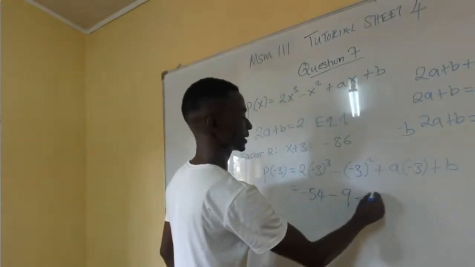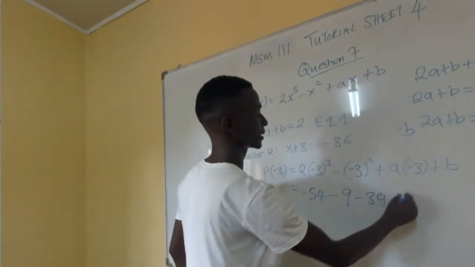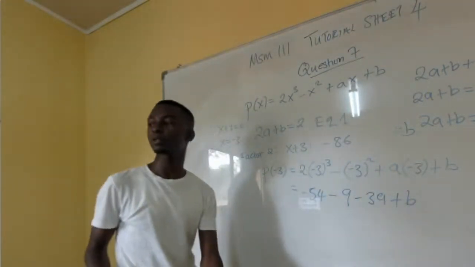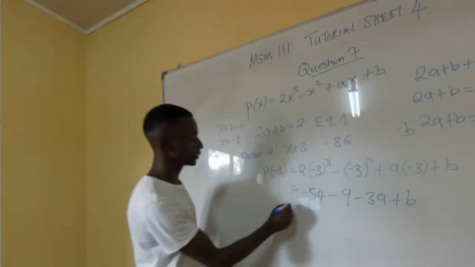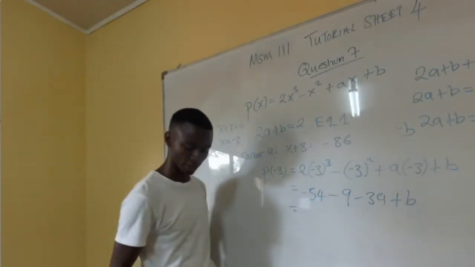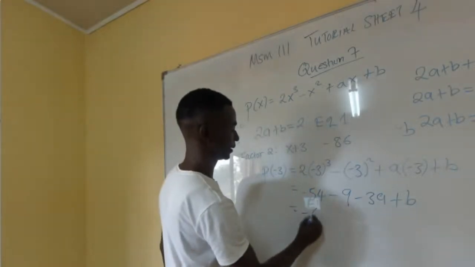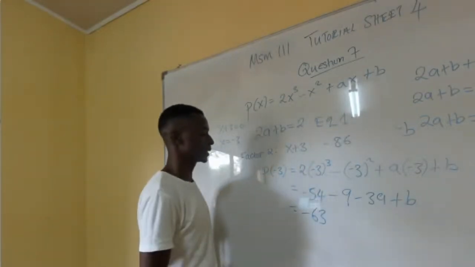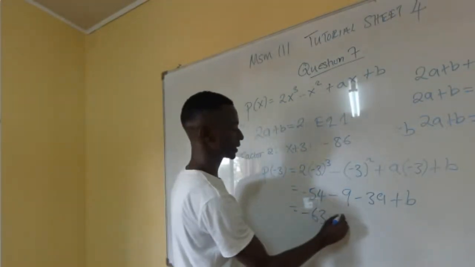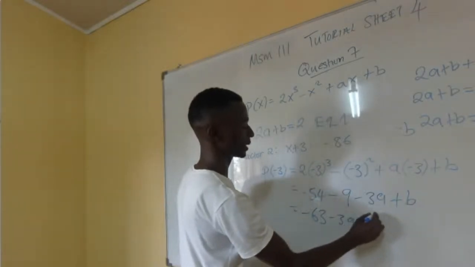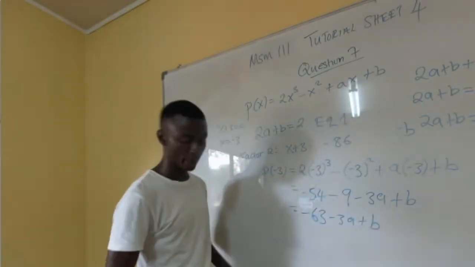Then we say minus 3a plus b. That's what we're getting. So now if you add these, you're getting negative 63. Negative 63 minus 3a plus b.